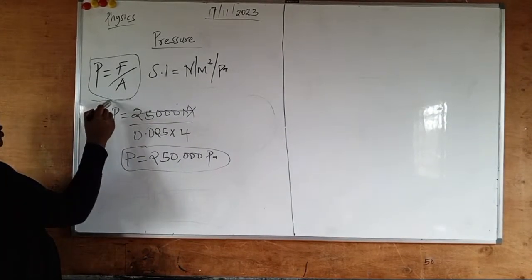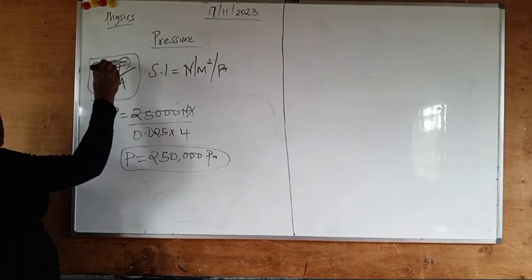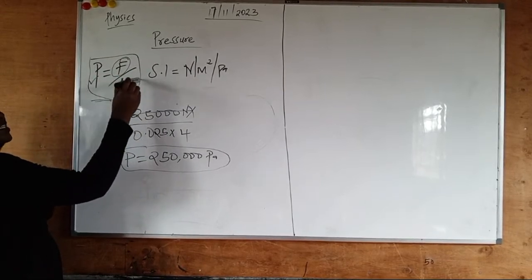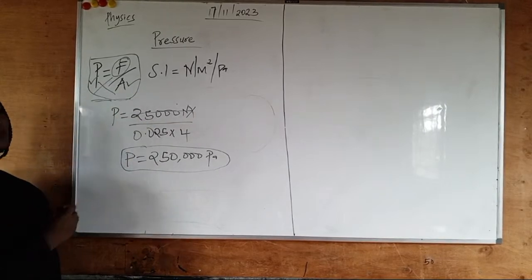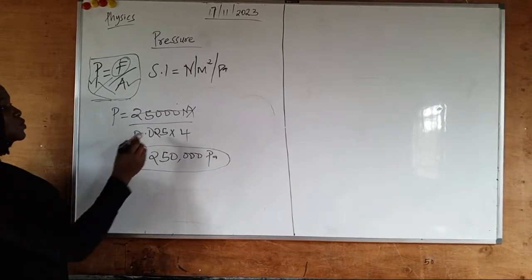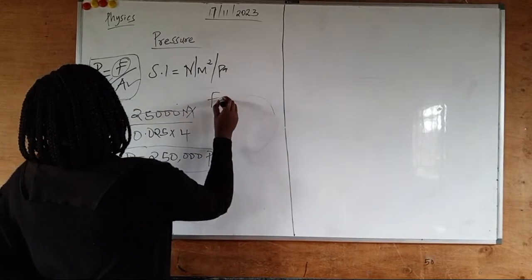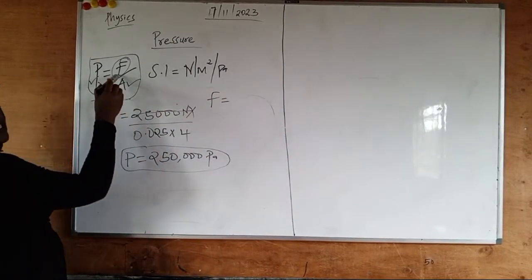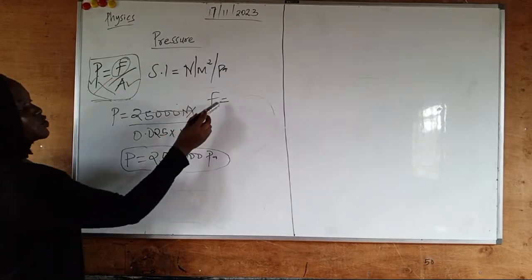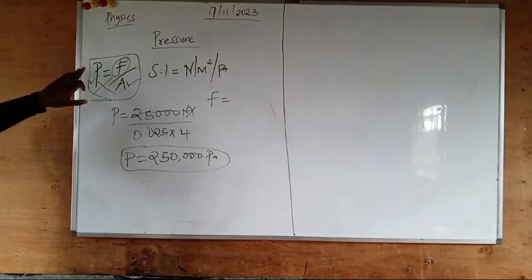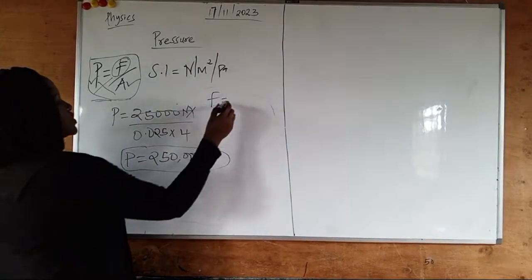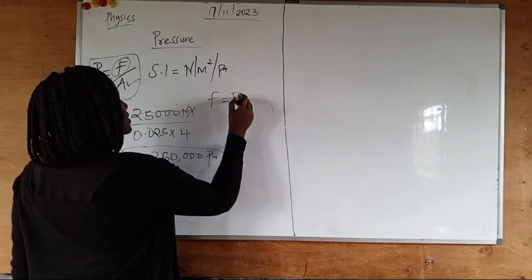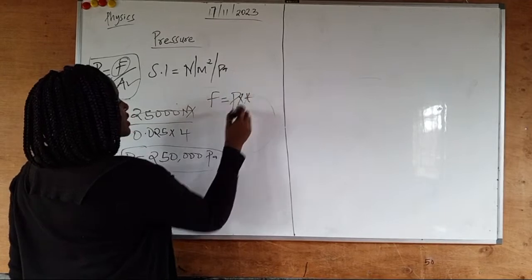We are not given this force, but we have this and this. So we cross multiply. So our force is equal to pressure multiplied by the area, okay?